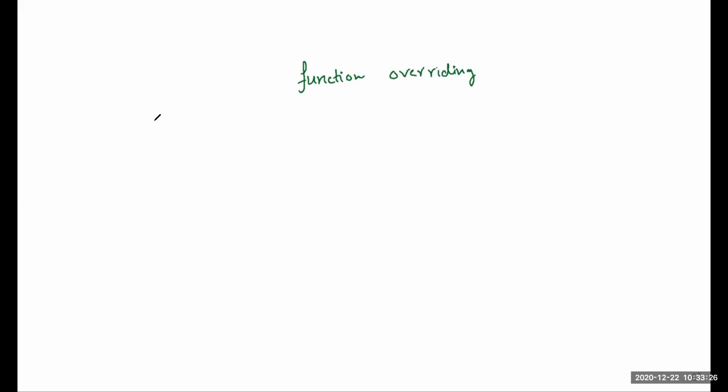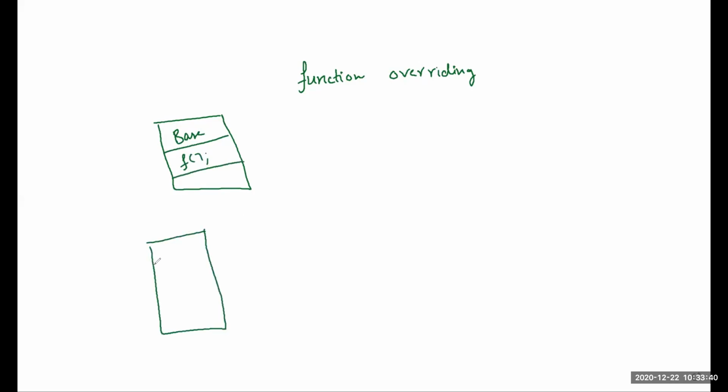The idea was that if you have a parent class, let's call it base, it has some function, say f. Then you have a child class which is inheriting from this, and within this class you make another function f with exactly the same name, same return type, and same arguments.